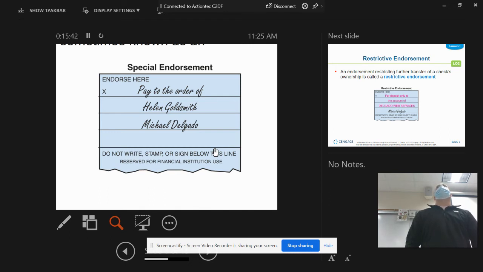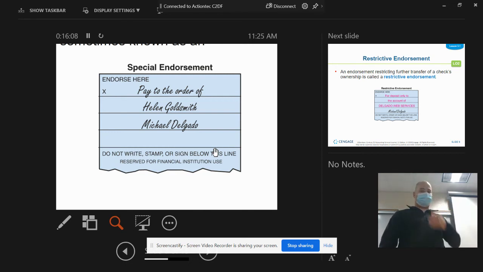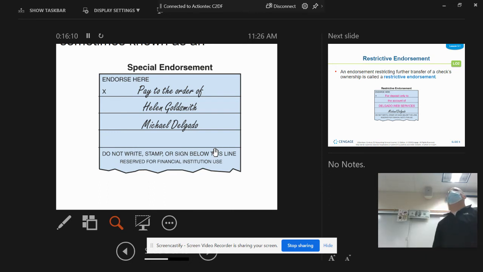He can do that by signing the back of it like he has done here, and also writing Helen Goldsmith's name on it. And notice the line at the top, pay to the order of. So in other words, pay to Helen Goldsmith, signed Michael Delgado. And now that check is essentially her check. She could take it to the bank and either cash it or deposit it. That is a special endorsement.